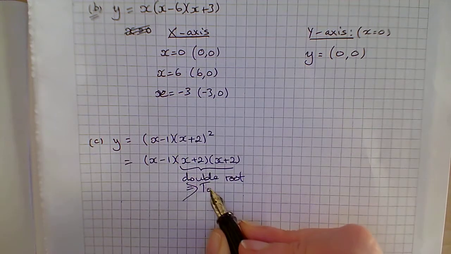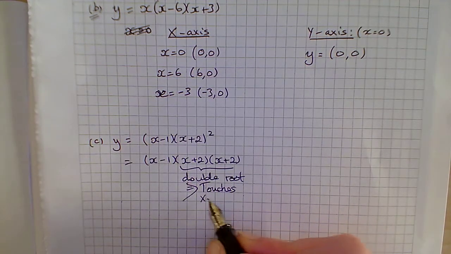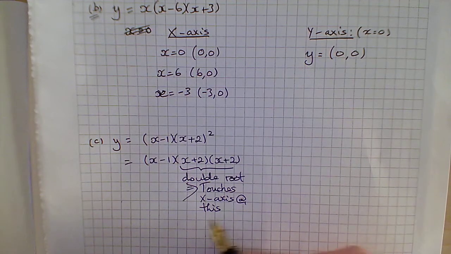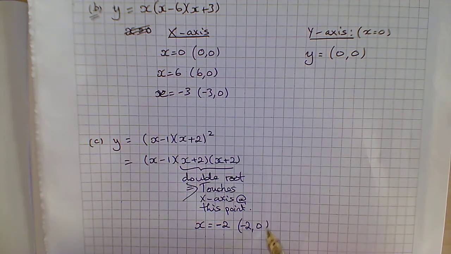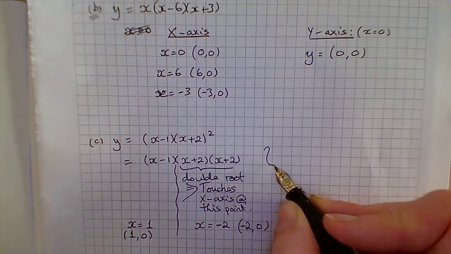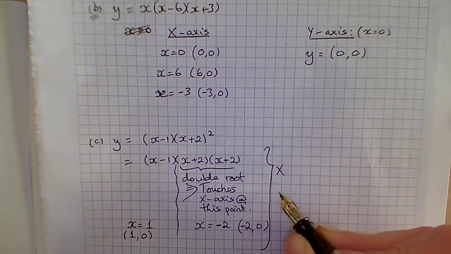It's a double root, so it means that it touches the x-axis at this point. So they didn't really ask us about that, but it's worth noting it. And what point is that? That's the point x equals negative 2, or in coordinate form, minus 2, 0. And the other one gives us the point x equals 1, or in coordinate form, 1, 0. So that's my x-axis work.